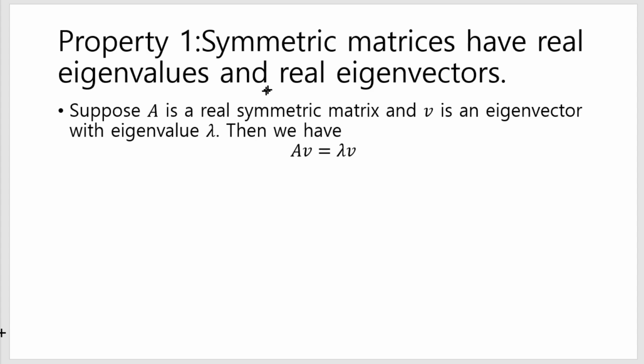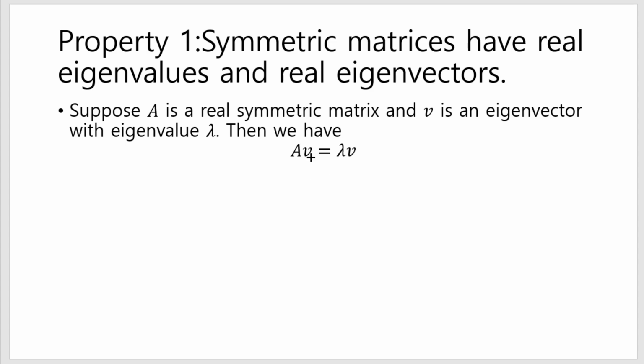Now I want to prove this. Suppose A is a real symmetric matrix. It's important that it's real. And suppose v is an eigenvector with eigenvalue lambda. This is what it means, right?